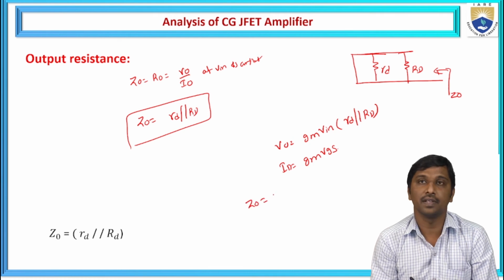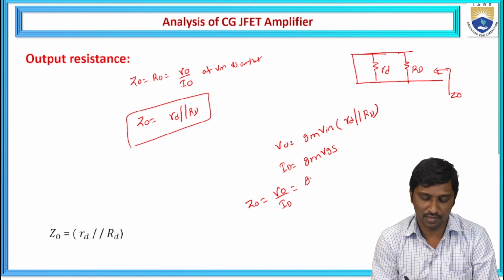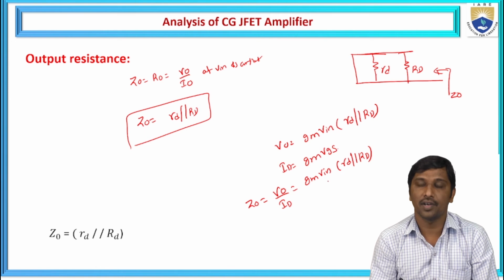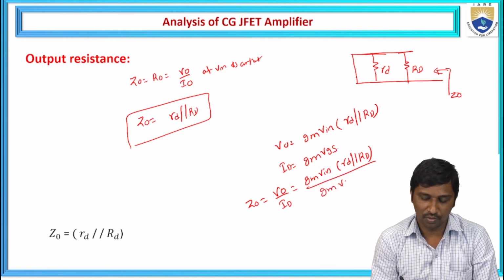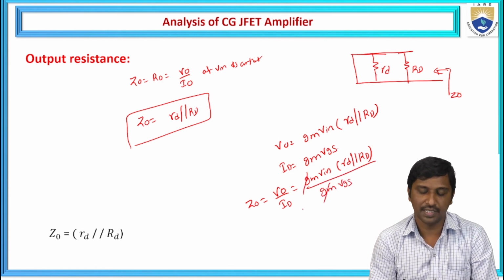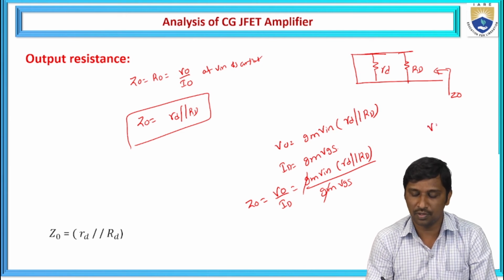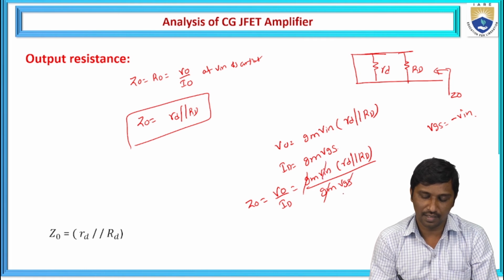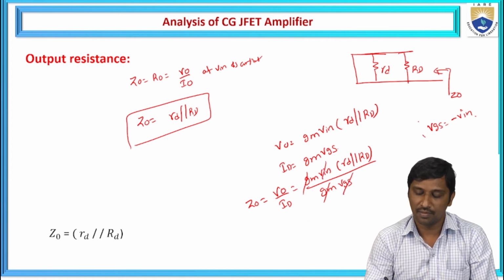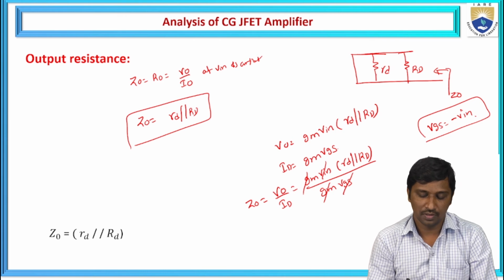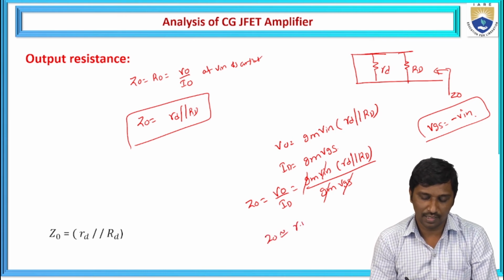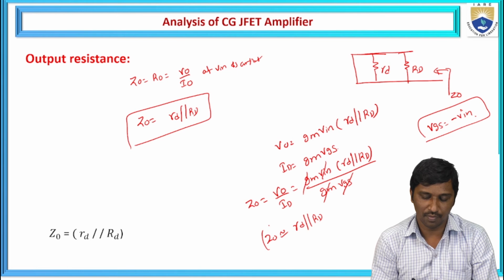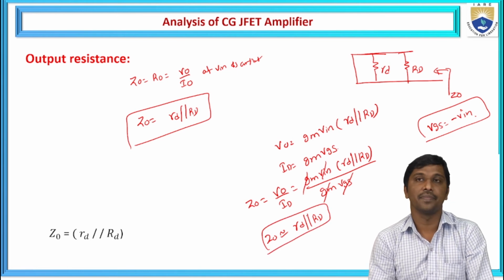When you substitute this, it is the ratio of output voltage to output current, so gm times Vin times rd parallel with RD, divided by gm times VGS. The gm gets cancelled. From this circuit, we know that VGS is equal to minus Vin, so the Vin and VGS cancel out. Then Z0 is approximately equal to small rd in parallel combination with capital RD.